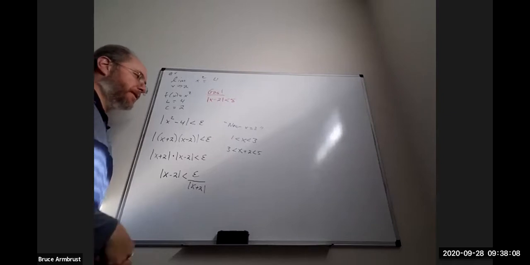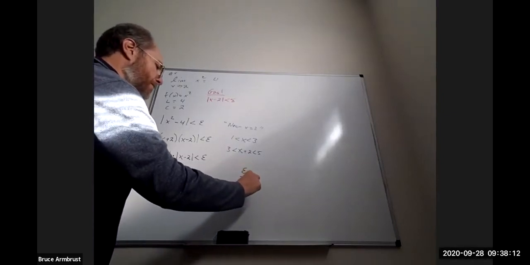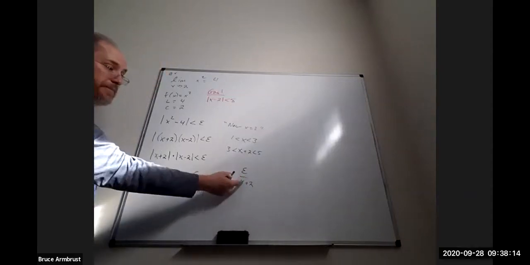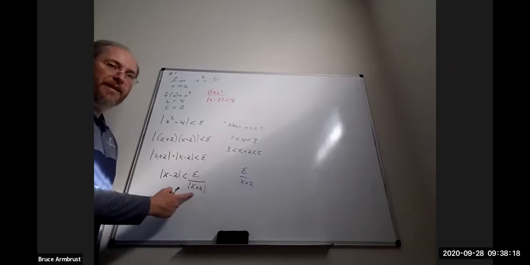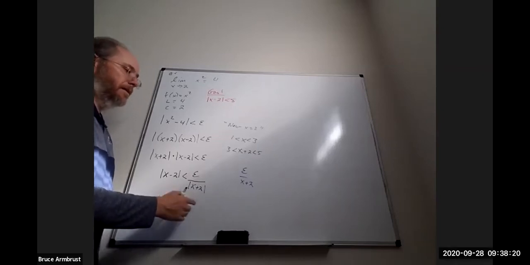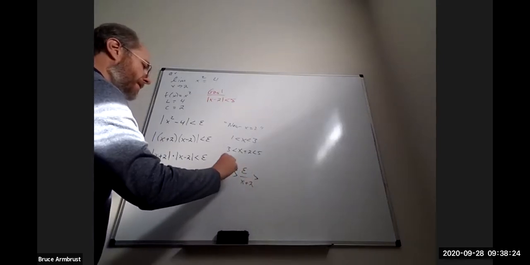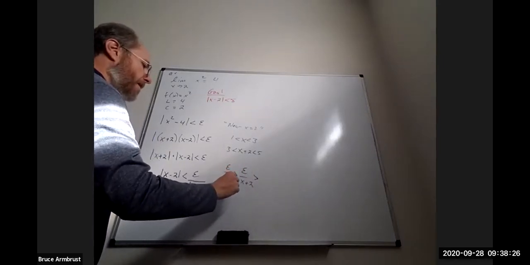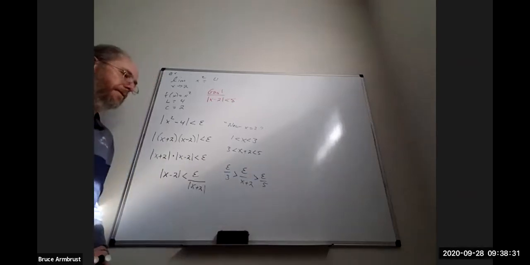Okay, so then what that tells me is that epsilon over x plus 2, and the reason I'm going to epsilon over x plus 2 is because that's what we wanted our delta to be, I know that that's going to be something between epsilon over 3 and epsilon over 5.